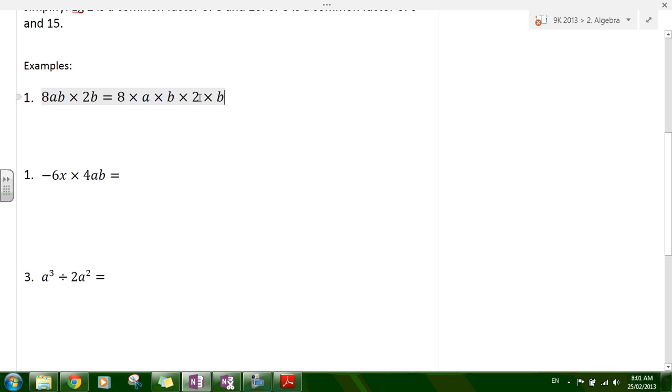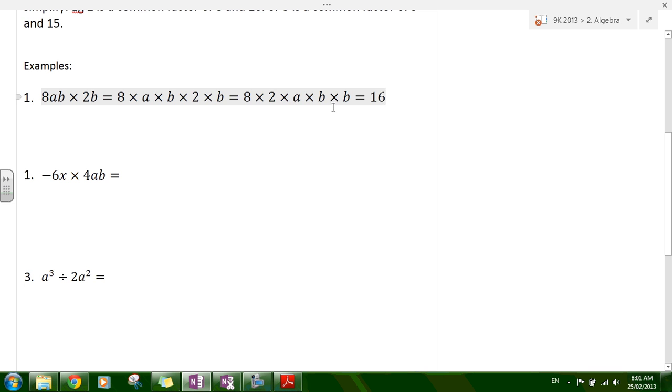So what we can see is, if I rearrange this, it could be helpful. So I get 8 times 2 times a times b times b. And the thing about multiplication is, it doesn't matter what order you do it in. I can rearrange it in any order and I'm going to get the same number. So 8 times 2, we know that's 16.